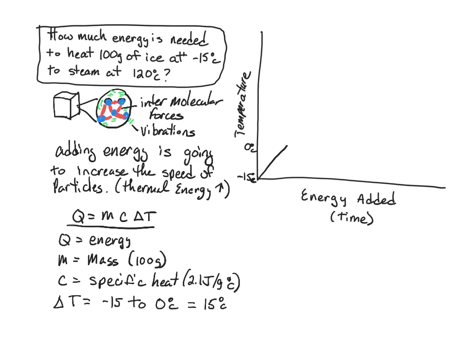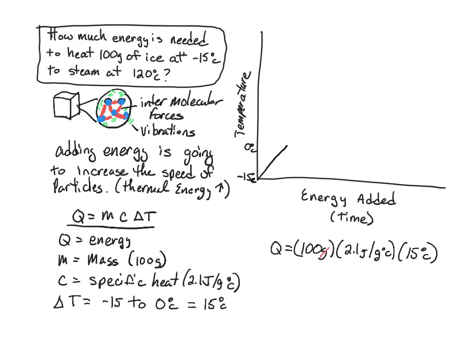So the next thing I need to do is just substitute these numbers into my formula. I'm solving for the amount of energy. My mass is 100 grams. My C is 2.1 joules per gram per degree Celsius. And my delta T was 15 degrees Celsius.